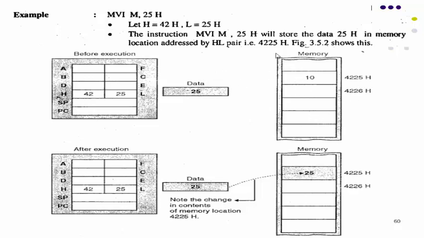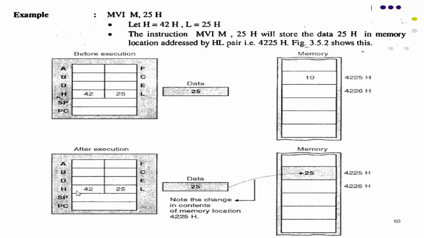And at the right hand side we can see the memory map: at memory location or address 4225, 10hex is available before the execution of this MVI M, comma, 25hex.